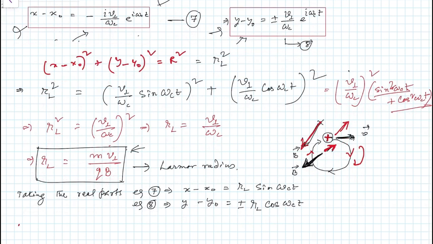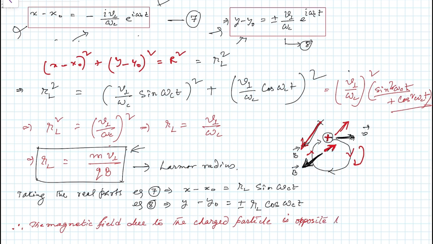Therefore, the magnetic field due to the charged particle is opposite to the external magnetic field. So hope you have understood this topic.